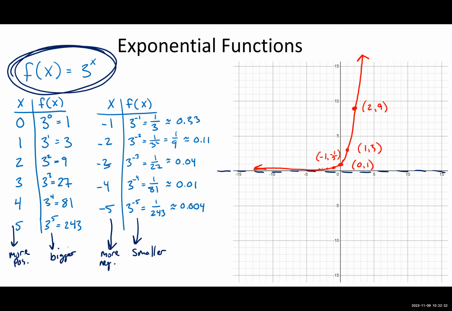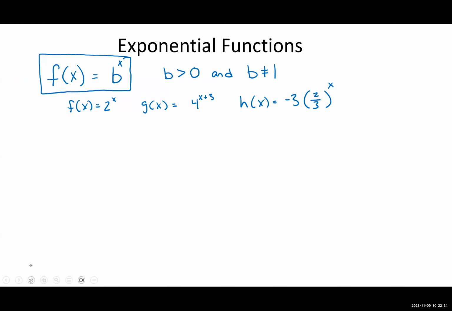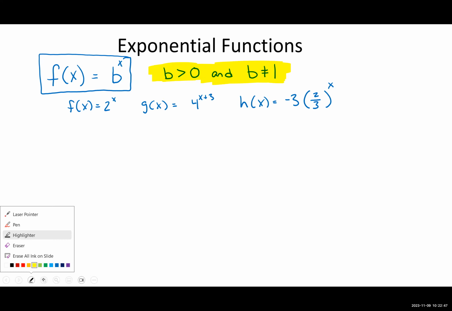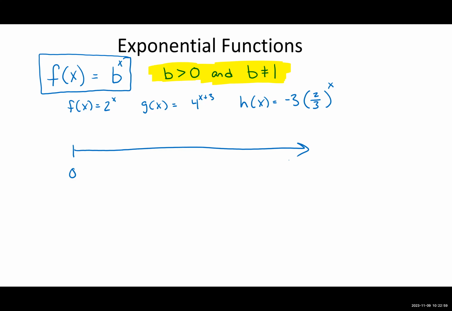Okay, so if I go back to the previous slide, and I'm looking here, the number we're raising to the x, that's b. b is the base. It's got to be bigger than 0.